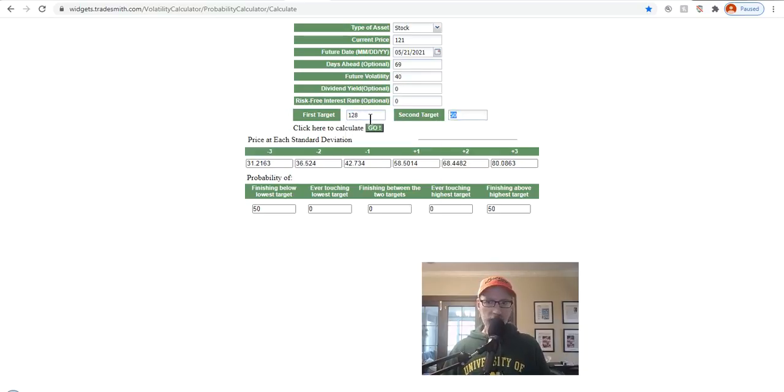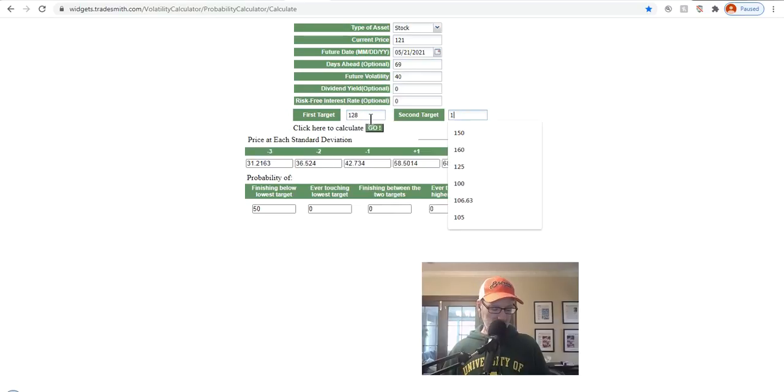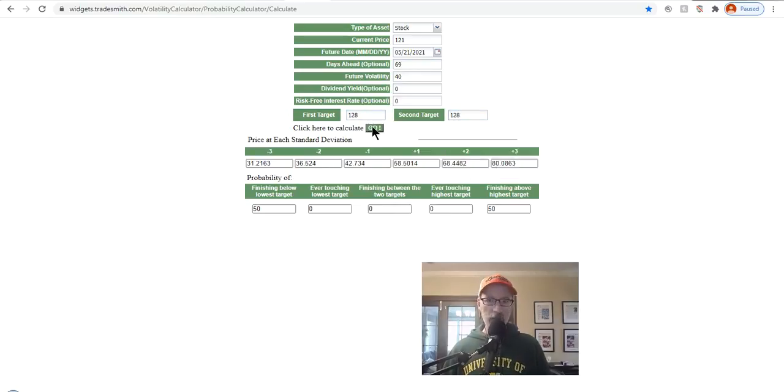That's the break even if we bought the 120 calls. Okay, so we hit go. So the chance of Apple getting above our break even of 128 is a 37% chance. Conversely, there's about a 63% chance that Apple will not get above the break even.